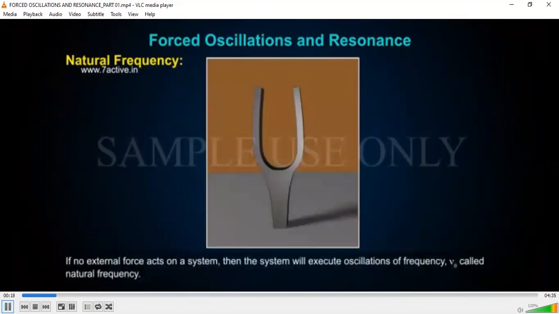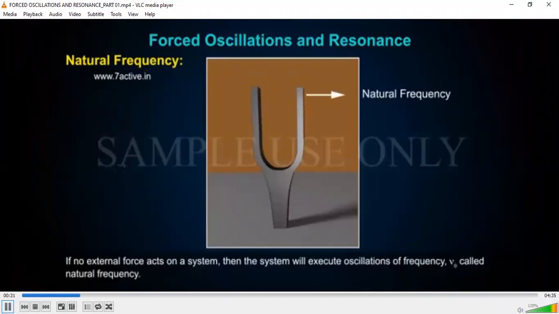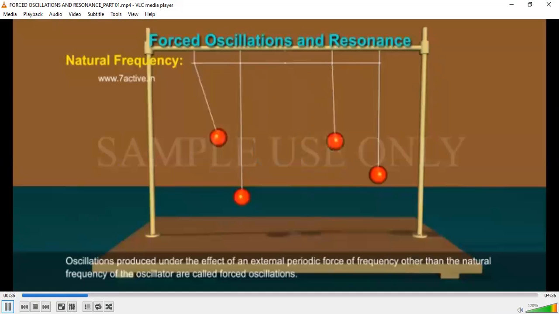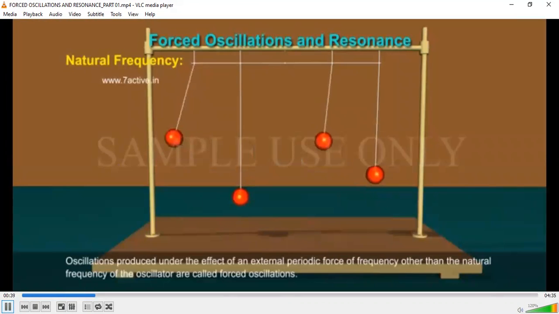If no external force acts on a system, then the system will execute oscillations of frequency nu naught, called natural frequency. Oscillations produced under the effect of an external periodic force of frequency other than the natural frequency of the oscillator are called forced oscillations.